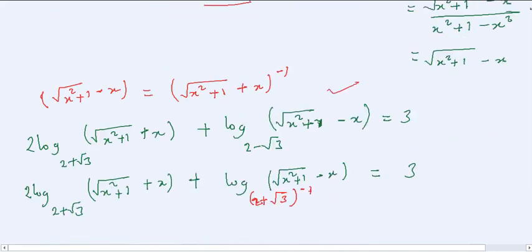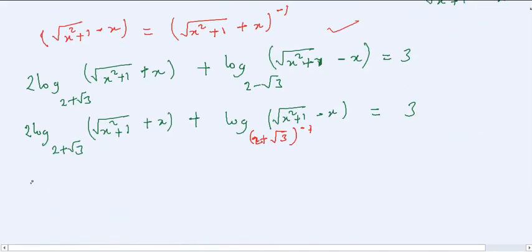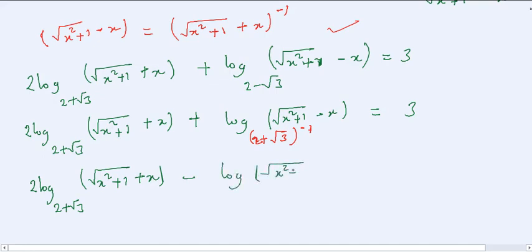So without wasting time, this one will be 2 log 2 plus root 3, then I have square root of x squared plus 1 plus x, with the minus raised to the power having come to the back, log, then I have square root of x squared plus 1 minus x, then I have 2 plus root 3 is equal to 3.